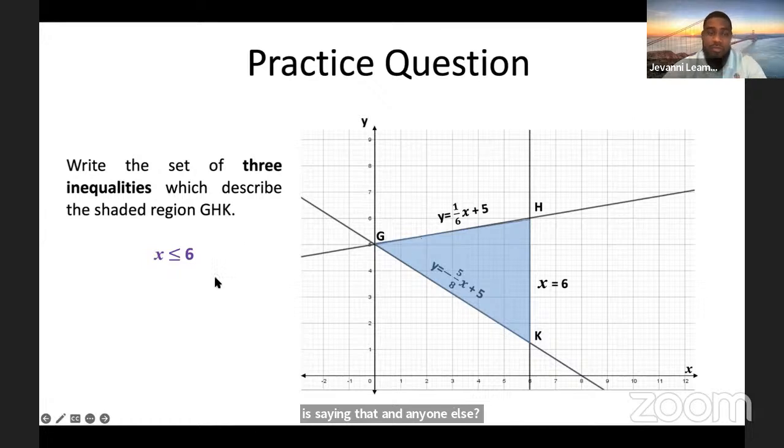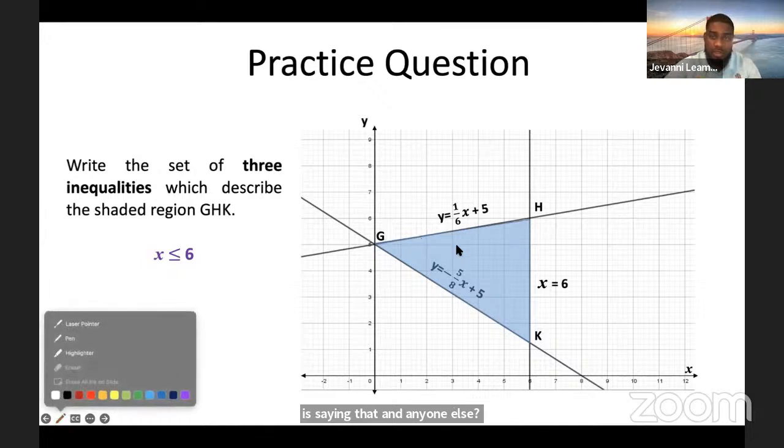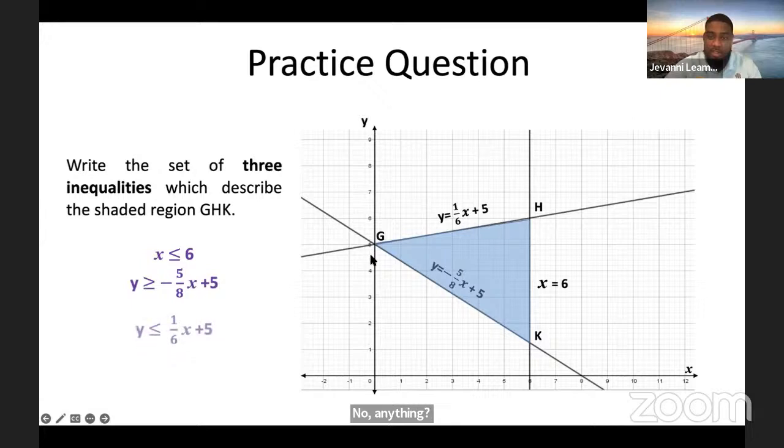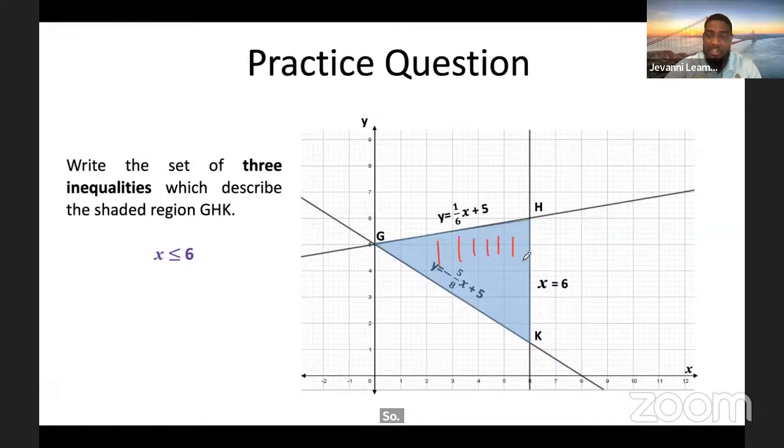No? Anything? Yes. So remember that this is our shaded region, right? Less than or equal to. All right. How do you know that it's less than or equal to?